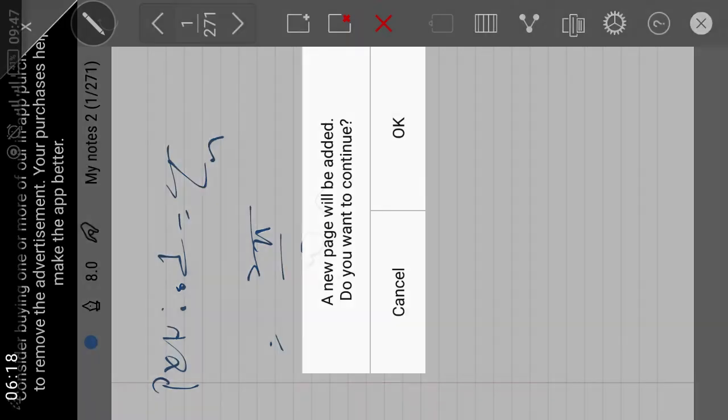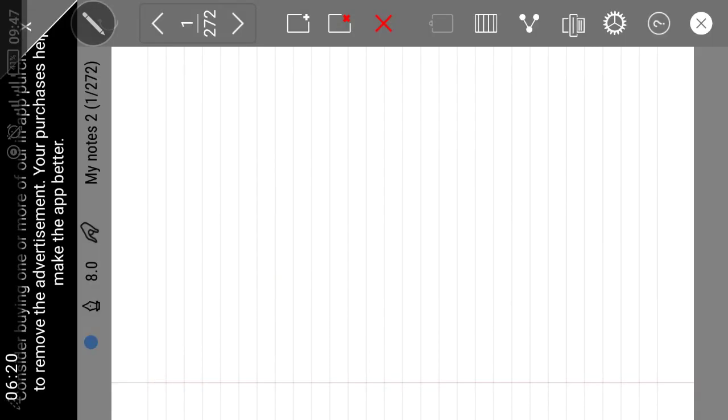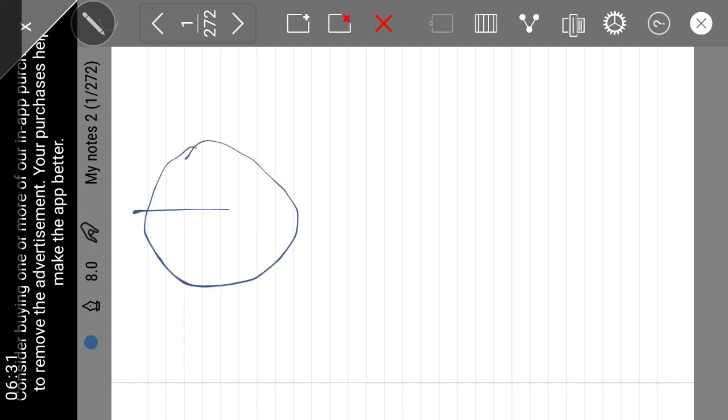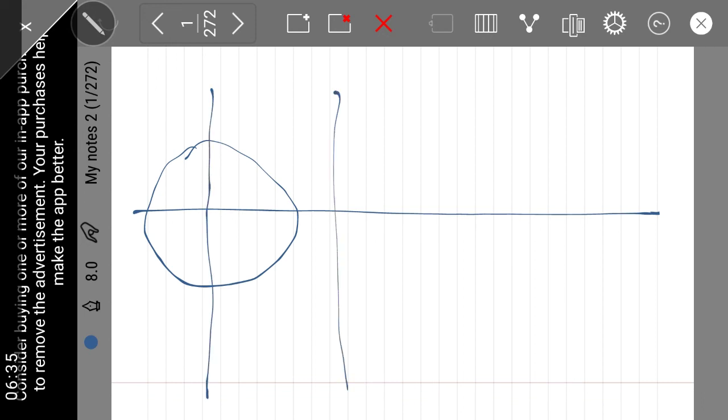So we can therefore draw our natural frequency diagram. Try to draw it like this. We have a point Q. The resultant of C1 and C2.